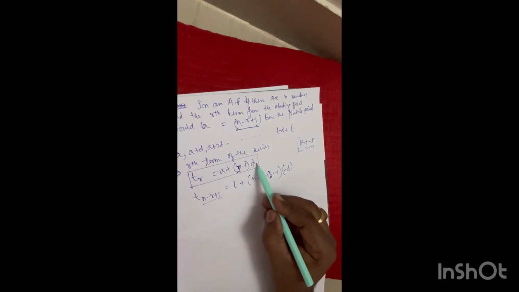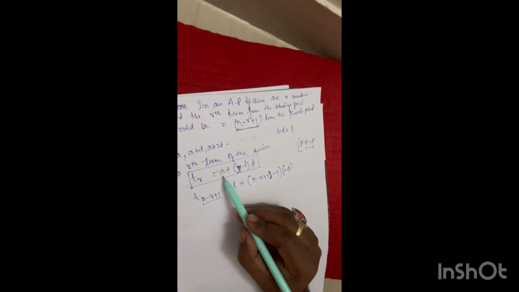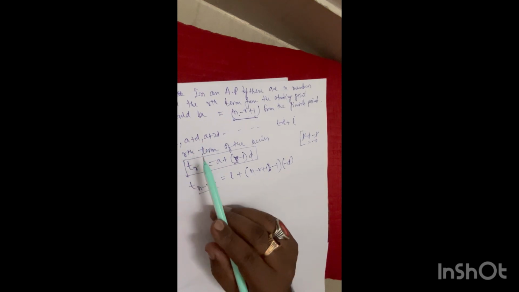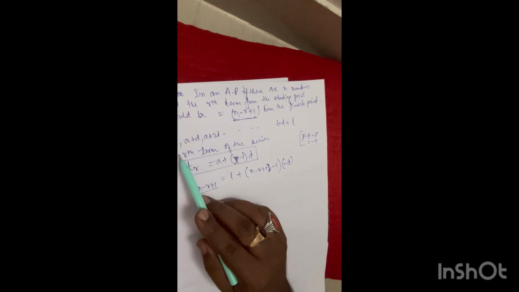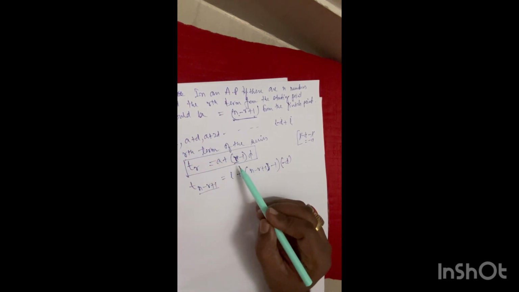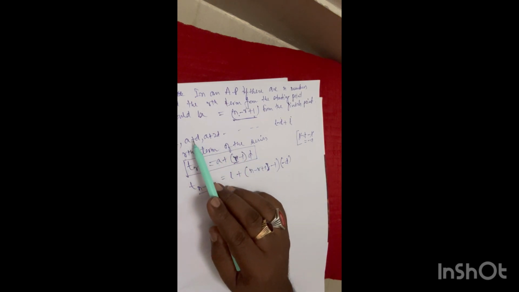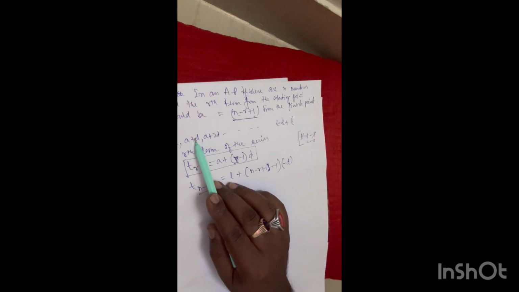So I have to multiply it with minus d in the formula. My formula is this, but accordingly I have to put the term as it is from the first end or the starting point. This is the first term, this is the position of the term, minus 1 into the common difference that I will get from deducting the previous term from the next term.